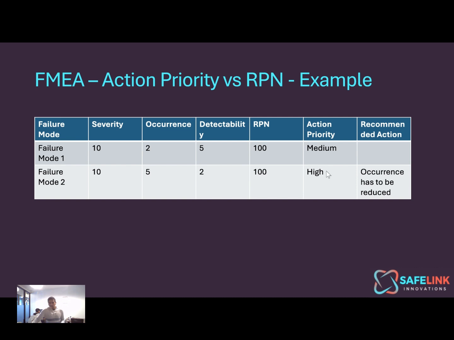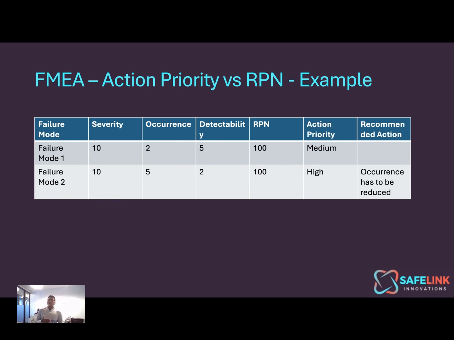And intuitively, it makes sense because the probability of occurrence of failure mode 2 is higher than failure mode 1, which means based on action priority, we would need to do something to lower this occurrence. So that is one of the advantages of using the action priority method.